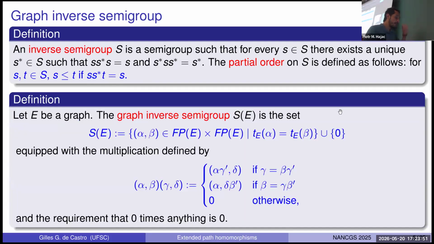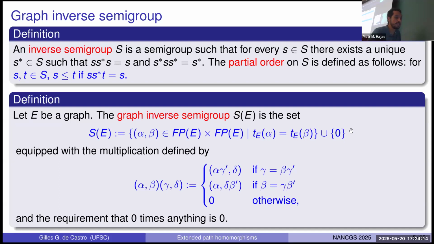Since we're interested in graph algebras, we need to know what kind of inverse semigroup we study for graphs. The idea is that we can write this set of pairs of finite paths alpha and beta, in such a way that the target of alpha equals the target of beta.